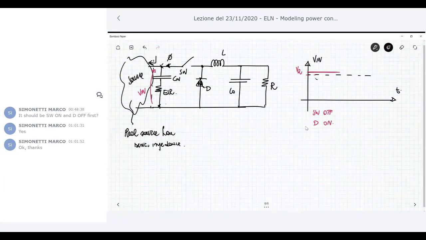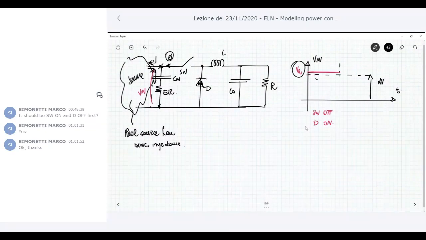Suppose that this is my voltage V in, the average value that we have previously analyzed. V2 is a little bit higher because no current is flowing here, and so all the current provided by the source flows through this ESR to the input capacitor, and this means that you have this voltage V2.